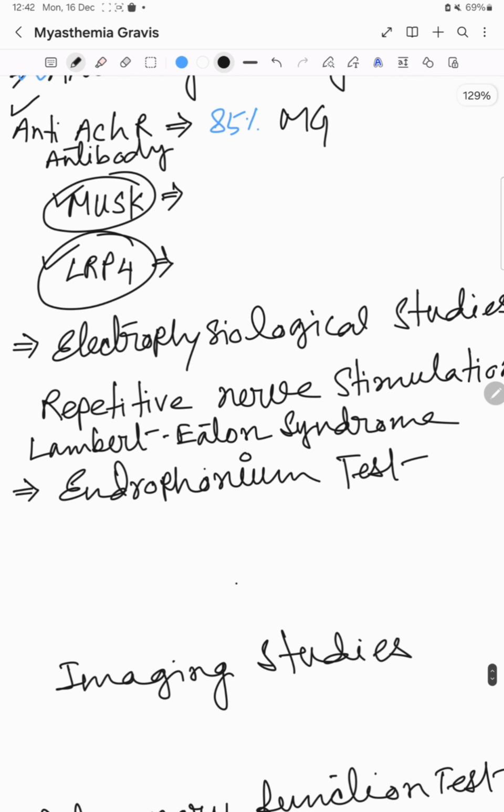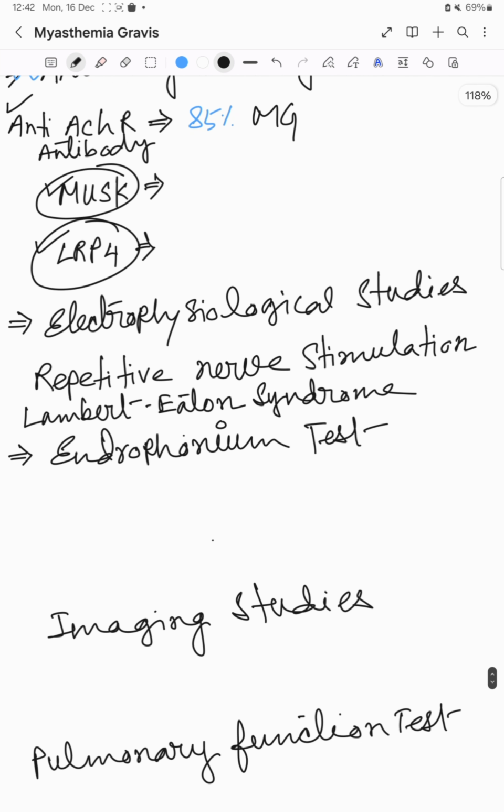And there is another thing, that is electrophysiological studies. In electrophysiological studies, we test repetitive nerve stimulation, where we stimulate a specific nerve, a motor neuron which is specific for a muscle, repeatedly, and we see that it fatigues soon.